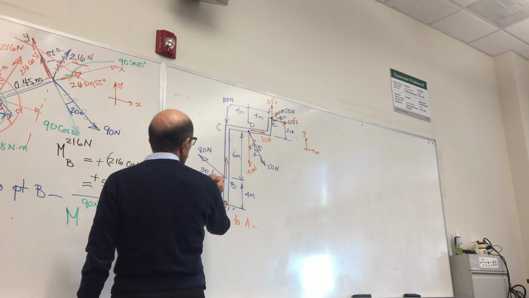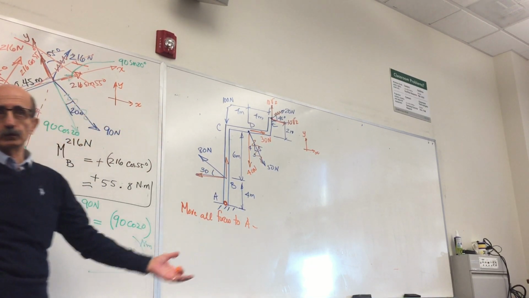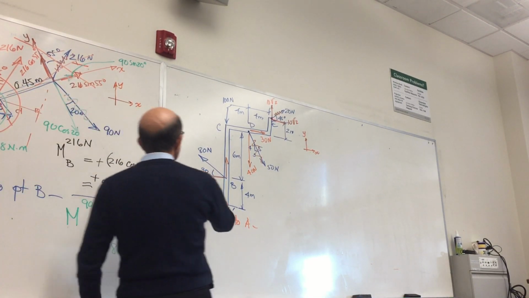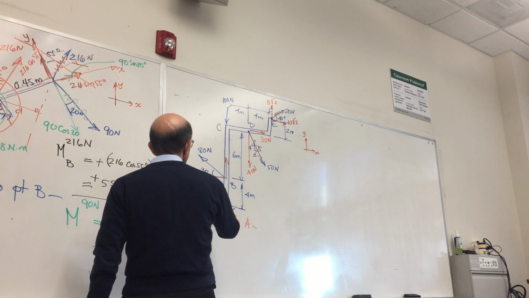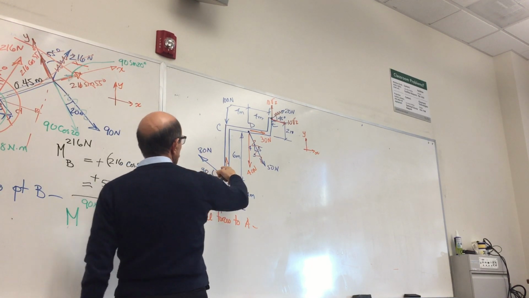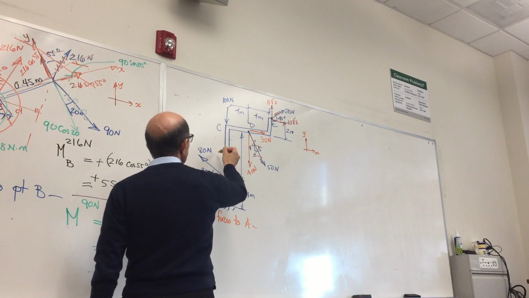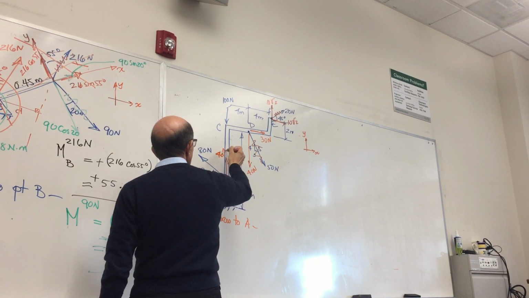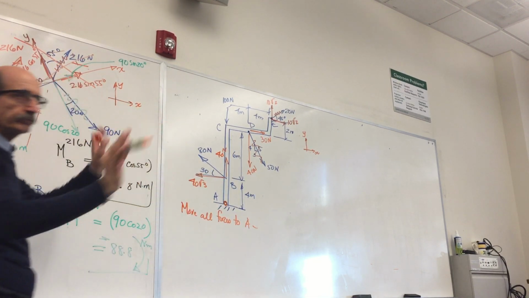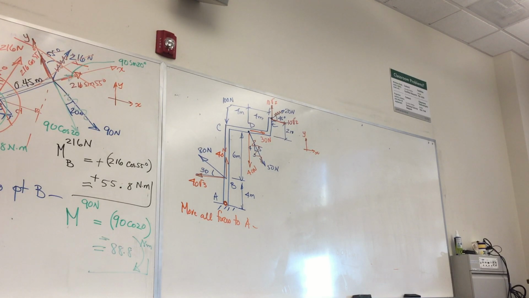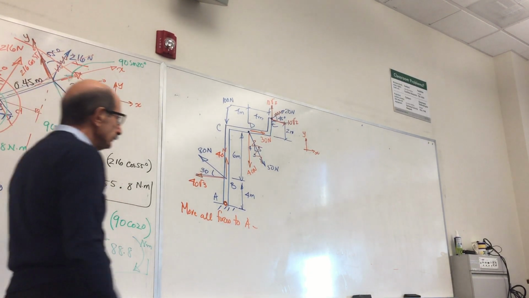This would be 80 cosine 30, which is square root 3 over 2, so it would be 40 square root 3. This would be 80 sine 30, so it would be 40 Newton. So I've resolved the forces to their components.